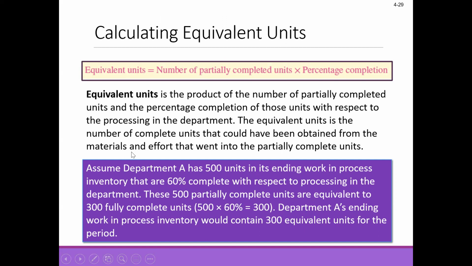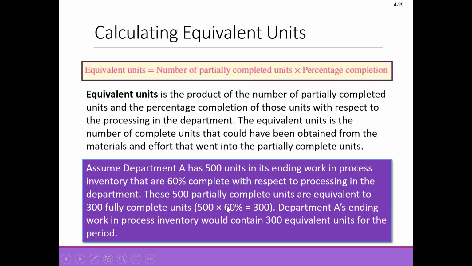So here's a good example. Department A has 500 units in its ending work in process inventory that are 60% complete with respect to processing in the department. These 500 partially completed units are equivalent to 300 fully completed units.